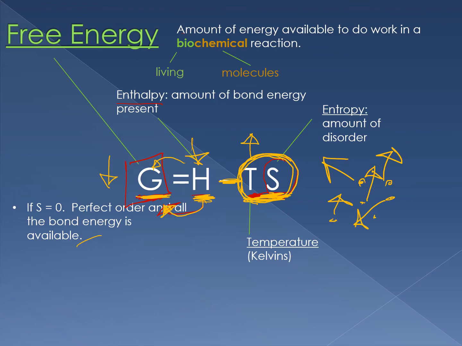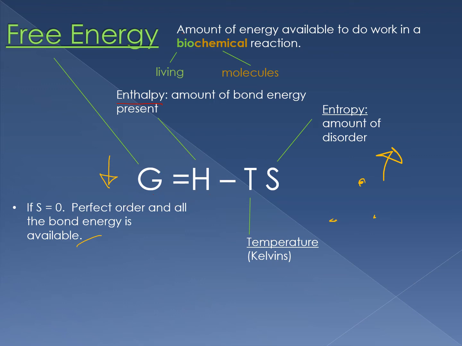Okay, I'm going to erase all this stuff so we're not too chaotic here. Okay, so some example values though. If S, or entropy or disorder, is 0, what that means is that there is perfect order and all the bond energy is available.